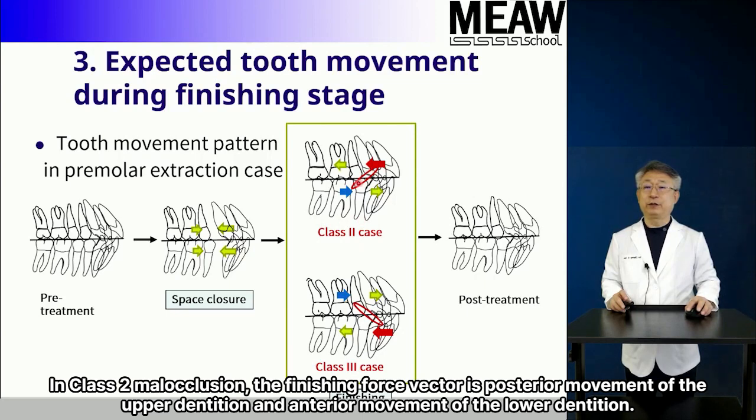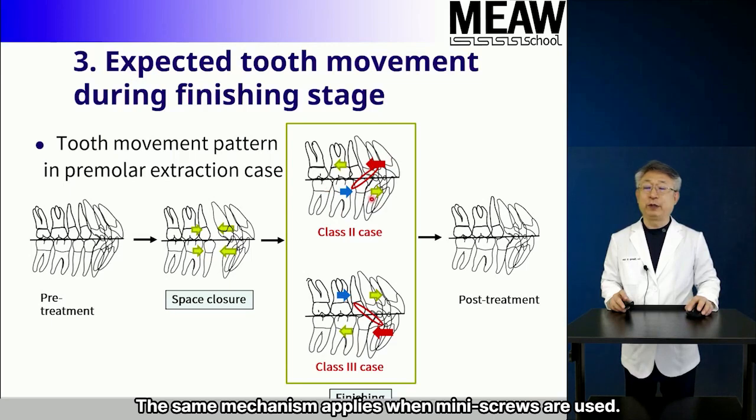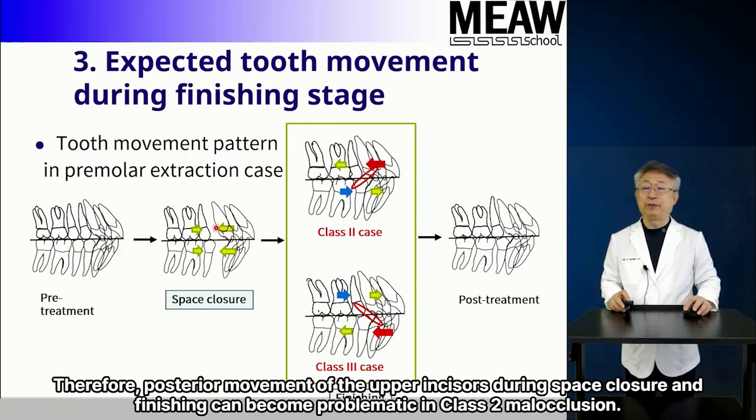In Class 2 malocclusion, the finishing force vector is posterior movement of the upper dentition and anterior movement of the lower dentition. The same mechanism applies when miniscrews are used. Therefore, posterior movement of the upper incisors during space closure and finishing can become problematic in Class 2 malocclusion.